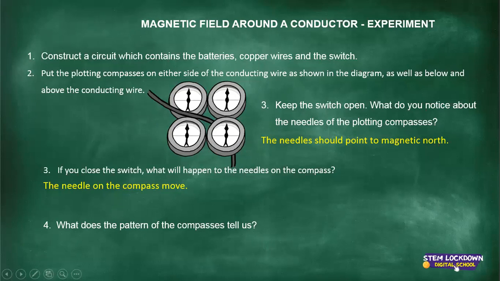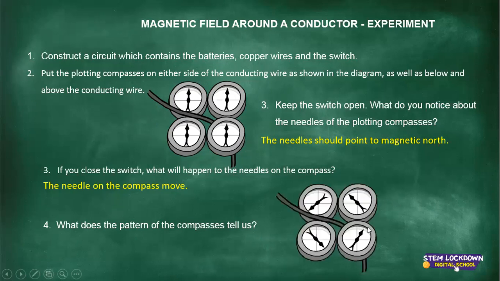What does this pattern of the compass tell us? Can you see in the picture that the needles are all moving in different directions? This tells us that there is a magnetic field around the wire.